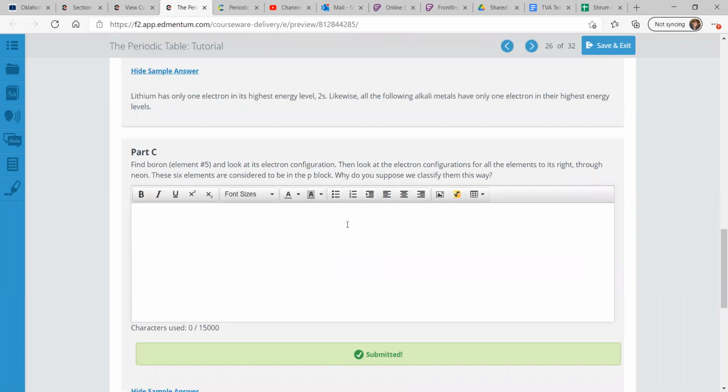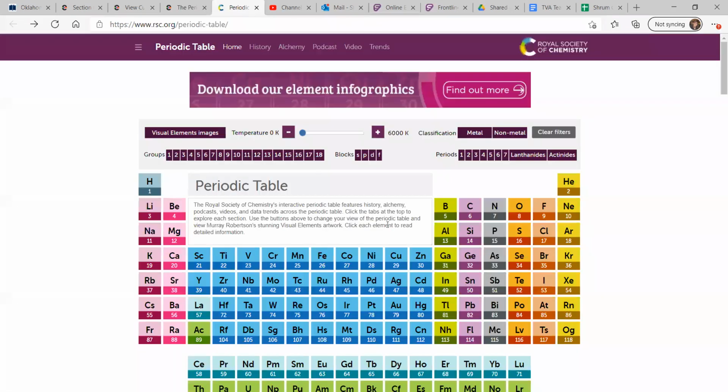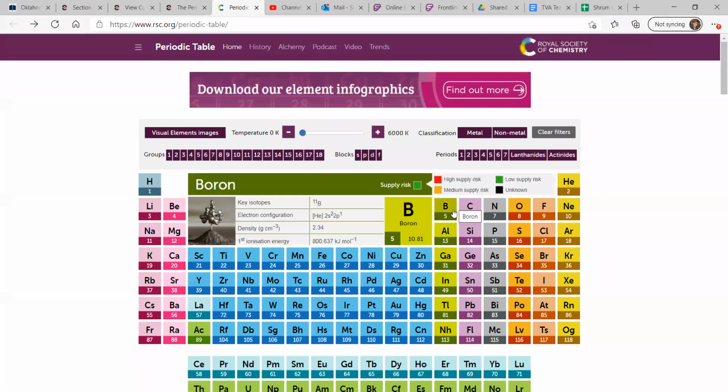Find boron, look at its electron configuration, then look at the electron configuration for the elements to its right, all the way through neon. These 6 elements are considered to be in the P block. Why do you suppose we classify them that way? So boron's right here. The configuration is 2s2, 2p1.